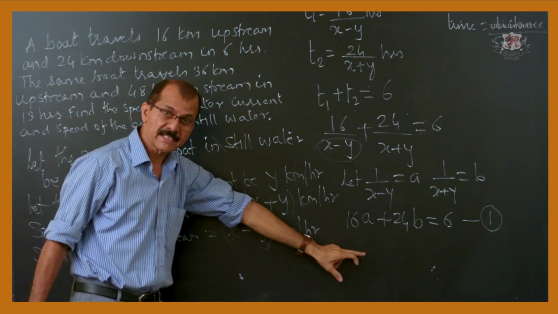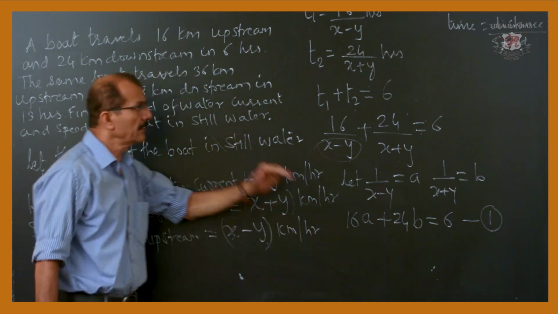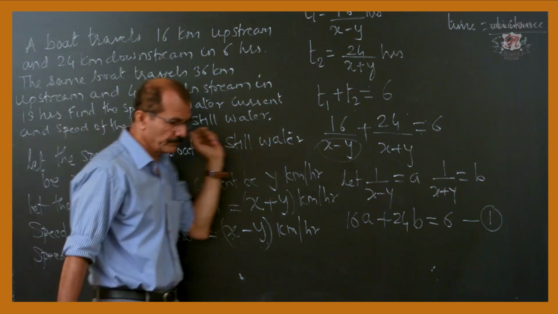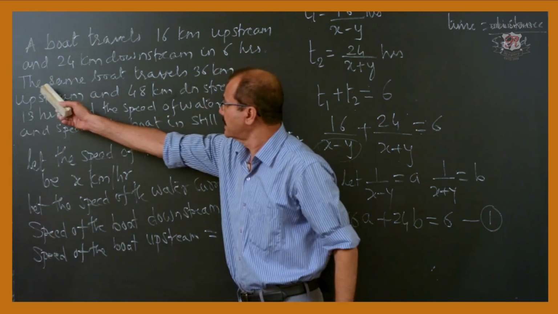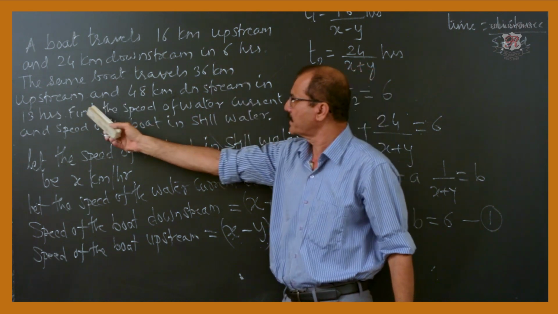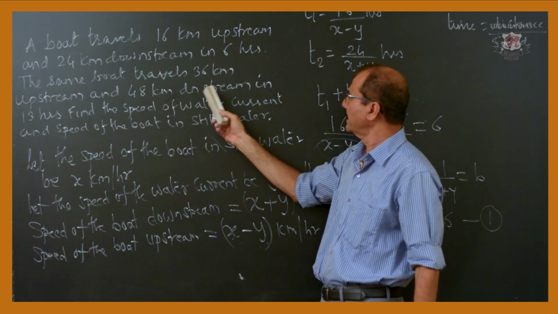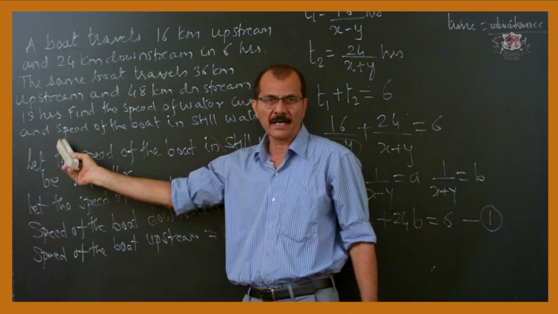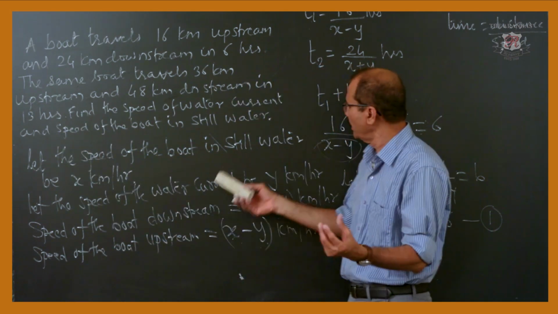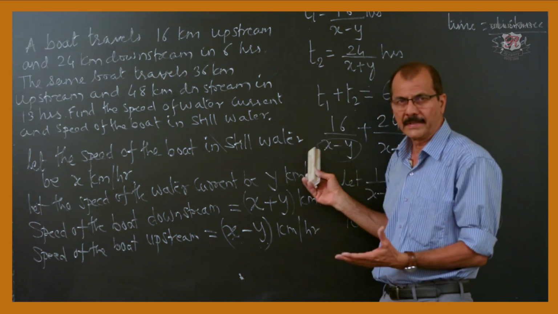Now, to get the second equation, read the second sentence. The same boat travels 36 kilometers upstream and 48 kilometers downstream in 13 hours. Now you know how to form the equation, because you already know how to get this.